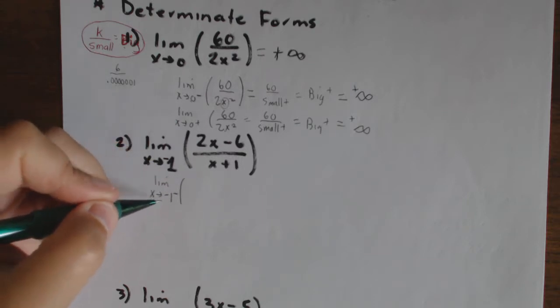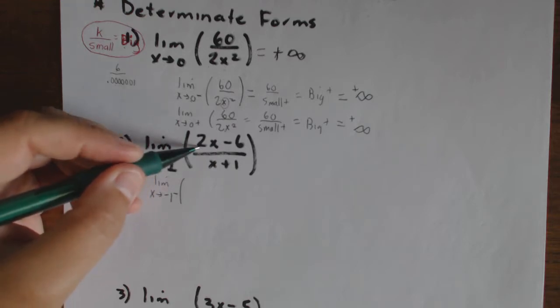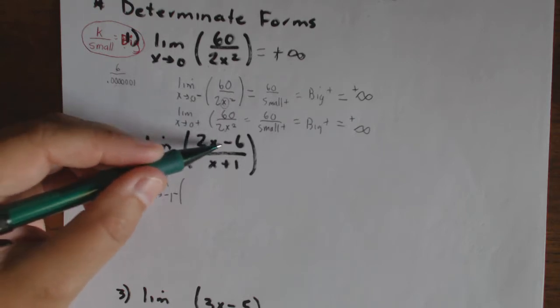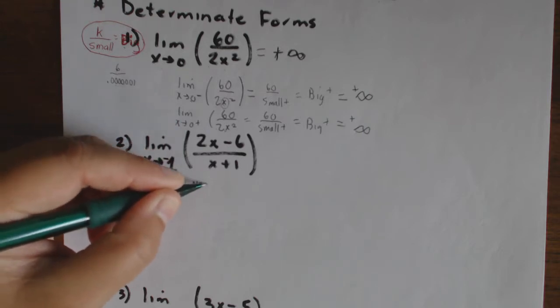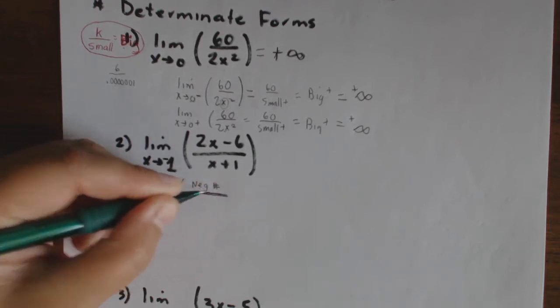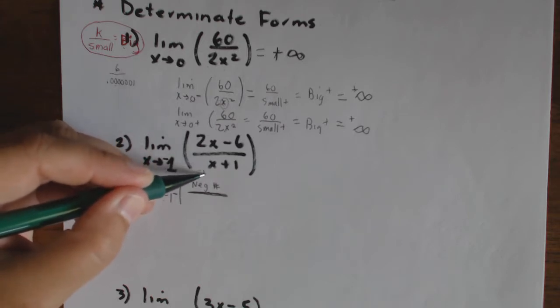And so if you put negative numbers that are to the left of negative 1 in the numerator, you're going to get 2 times some negative number, which is a negative, minus 6, which is a negative. So we're going to have some negative number in the numerator over, if you put negative 1 and you get really, really close to negative 1 on the left, I just pick a number like negative 1.01.